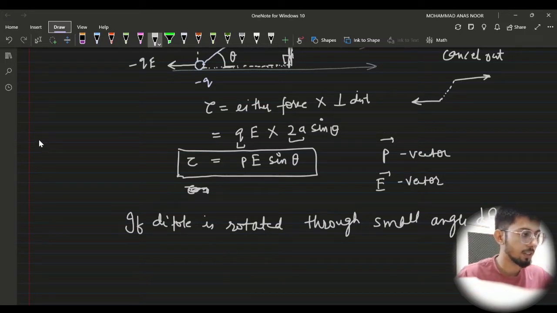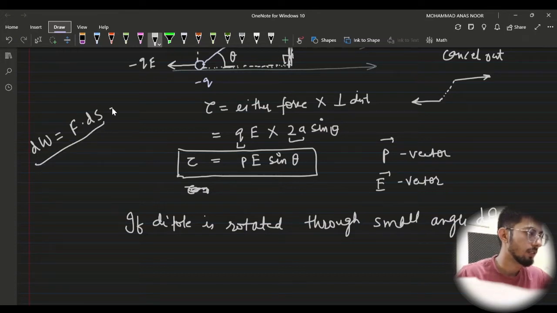Work in linear motion is what? F dot ds, force into displacement. If this is dw, then that would be ds. If it is w, then it is s. This is in linear motion. In rotational motion, the work would be, force is replaced by torque.